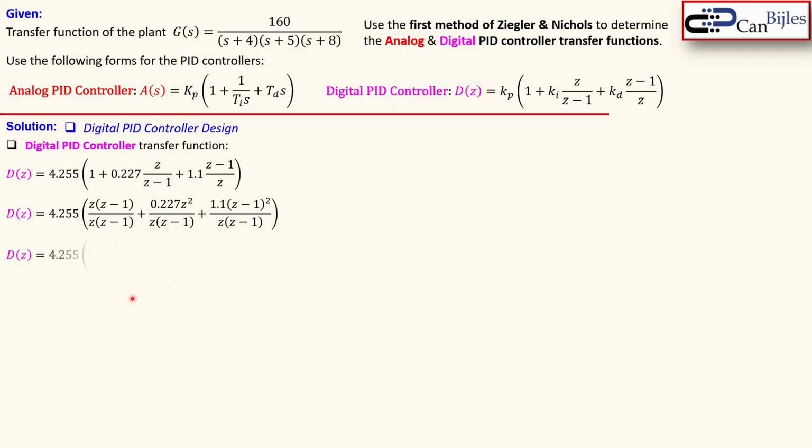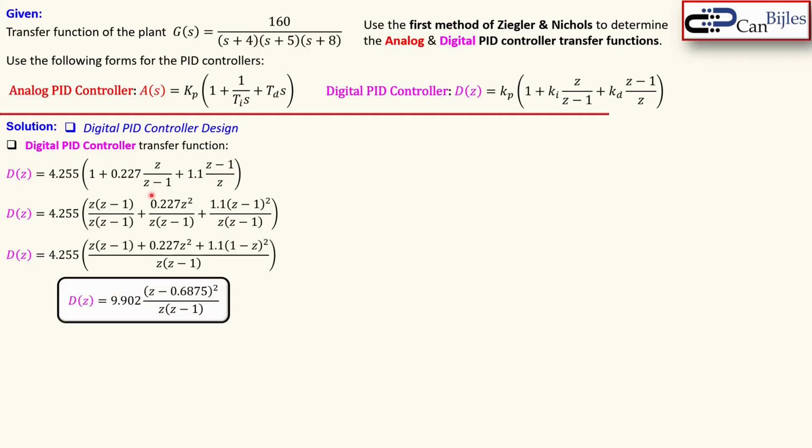Now the next step is shown here, so you see this part plus the 0.227 z squared, etc., all divided by z times z minus 1. Now we can work out the parentheses, a couple of steps of course in between, and at some point you can make this in a form that you have this 9.902 times z minus 0.6875 in a quantity squared.